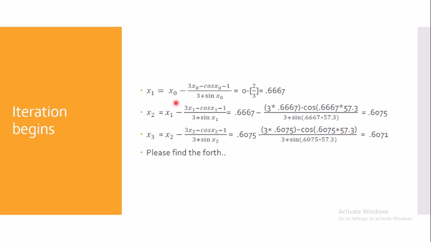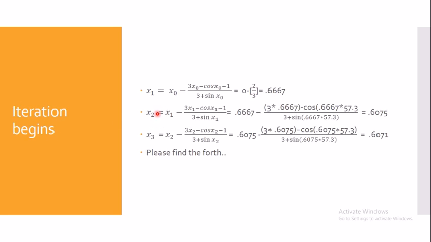So when I substitute that, I get x1 is equal to x naught minus (3x naught minus cos x naught minus 1) divided by (3 plus sin x naught), which is equal to 2 divided by 3. Just substitute the value 0 over here, you will get the answer, and the answer is 0.6667.